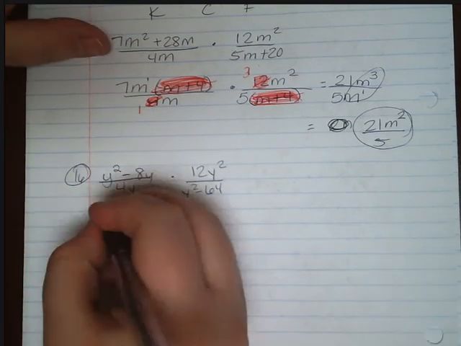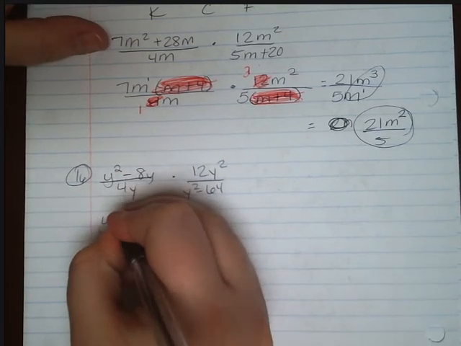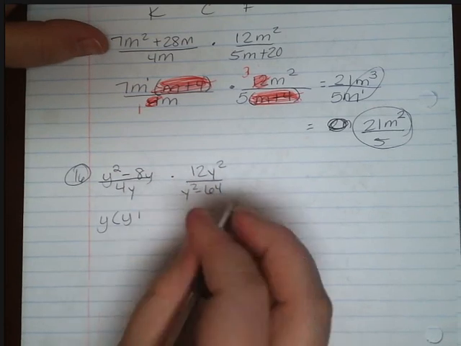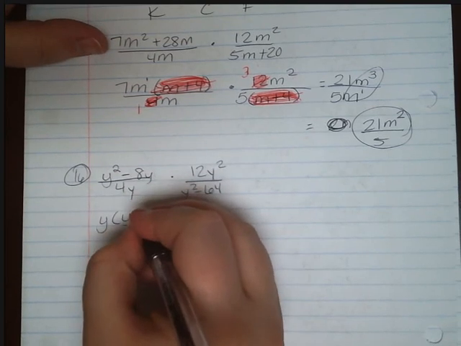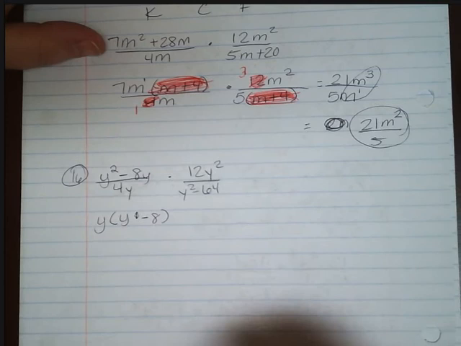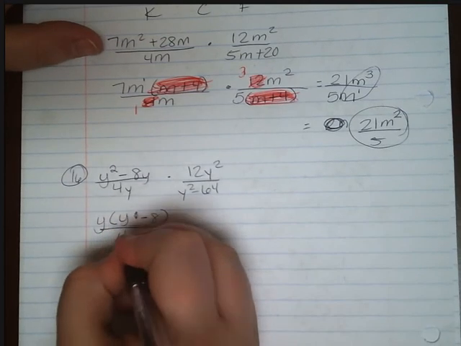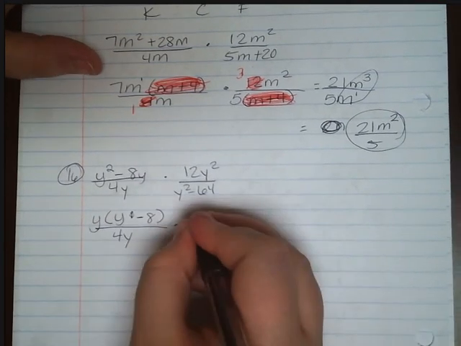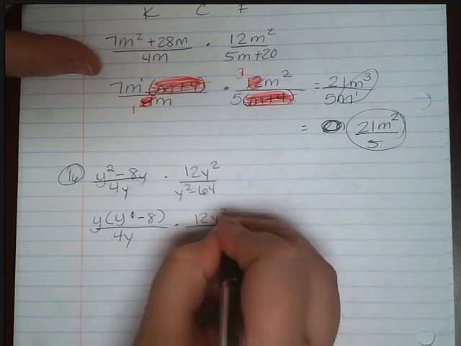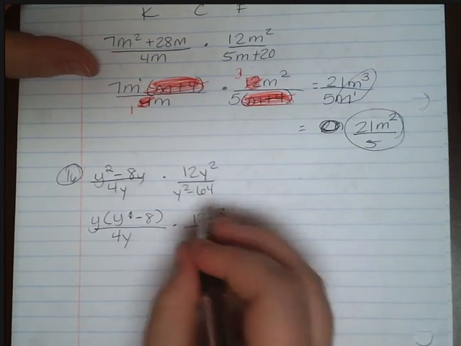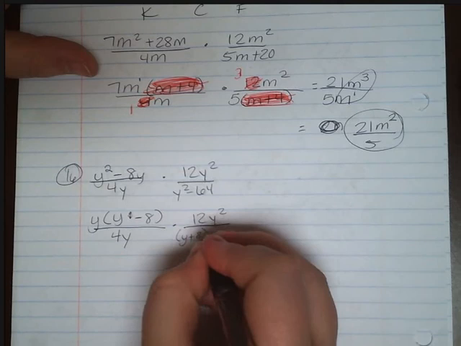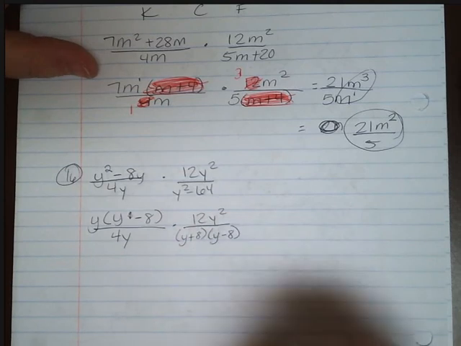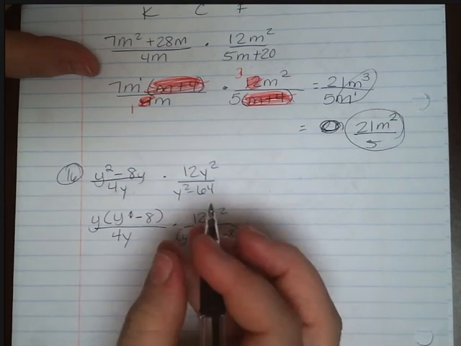So I can take a y out of my numerator. Oops. That's a minus 8, sorry guys. Divided by 4y. And I'm going to leave my 12y squared the same. And then this factors to be y plus 8, y minus 8. That's your difference of squares.